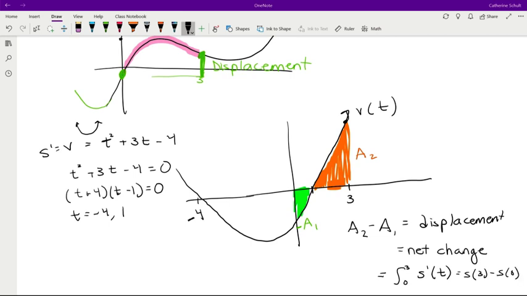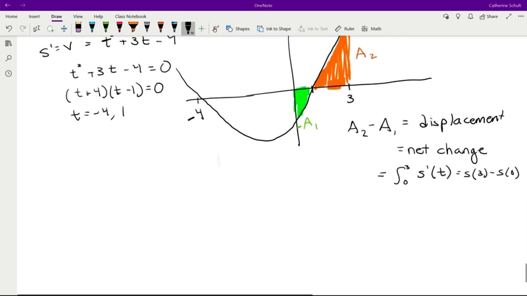Okay, so if we wanted to get the total distance traveled, instead of subtracting the two areas, we'd want to have a running total. So we're going to have to add the distances instead. All right, so how are we going to do that?